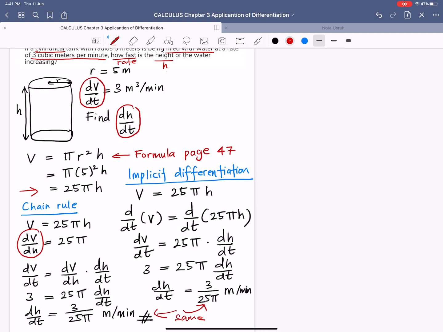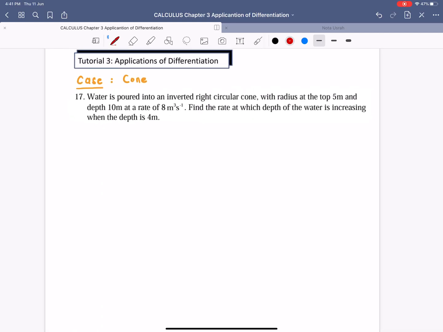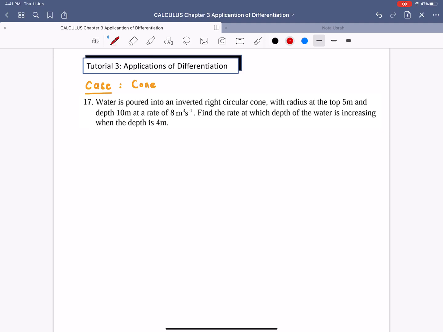Okay, now let us look again at your tutorial 3 question. Now we look at question number 17, which is a problem involving a cone. So let us look at what information is given to us. Water is poured into an inverted right circular cone. It is something like this.